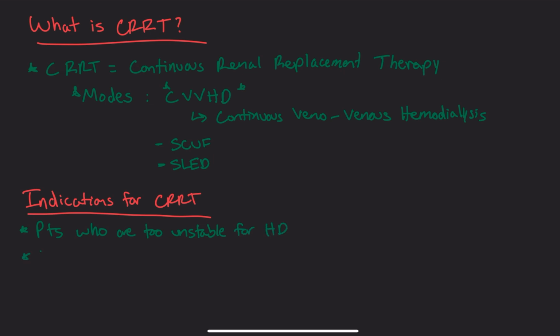Other indications include correcting electrolyte imbalances. Specifically, you'll probably be looking at patients who may be very hyperkalemic. These patients may have a potassium level of 5.7, maybe getting around 6, and maybe they're not producing urine and need to clear this potassium out.